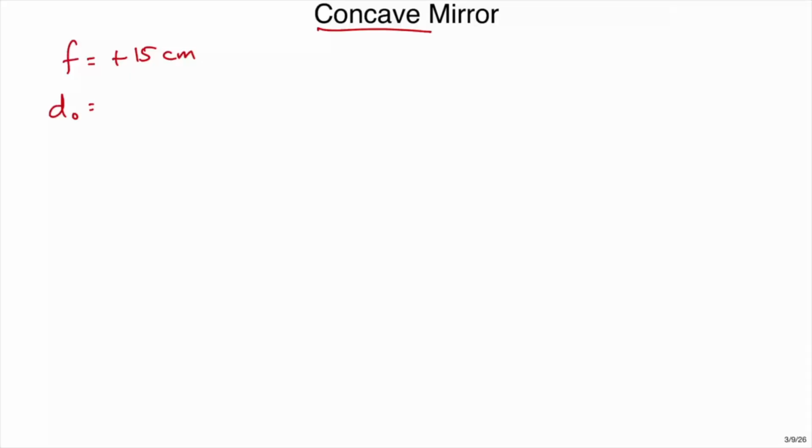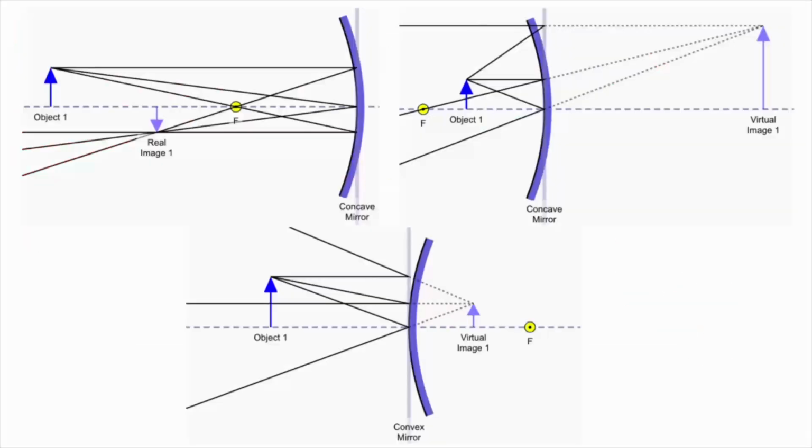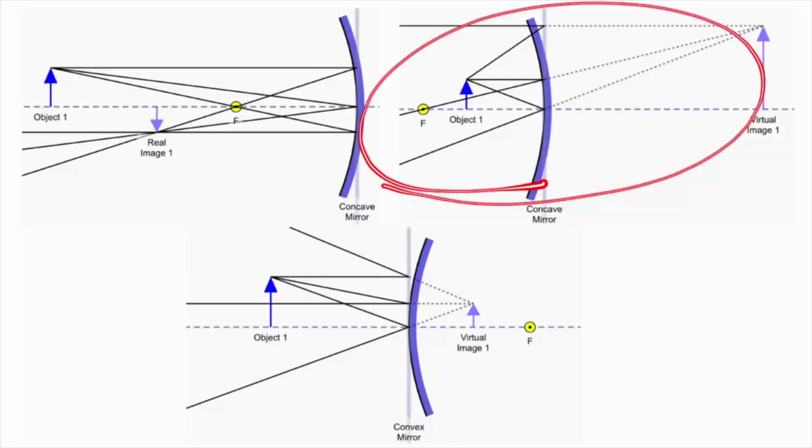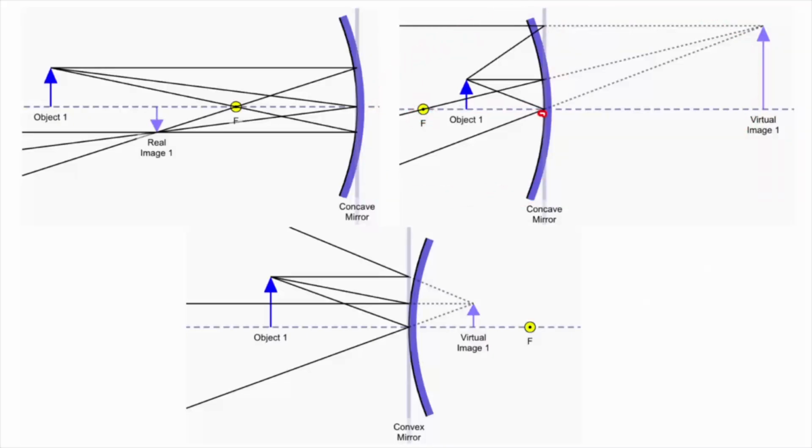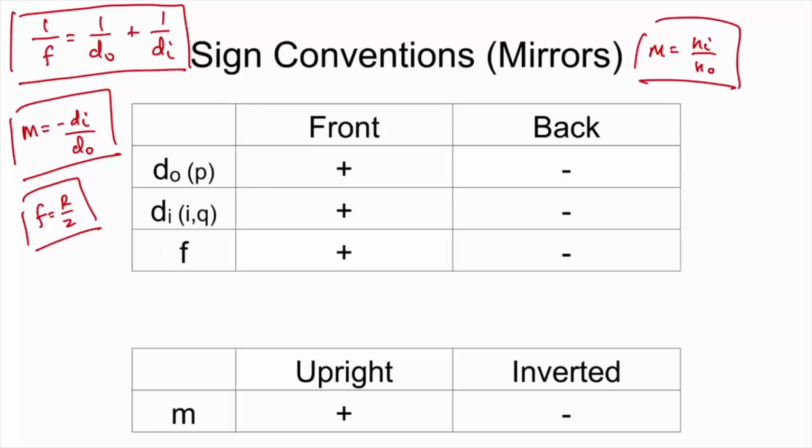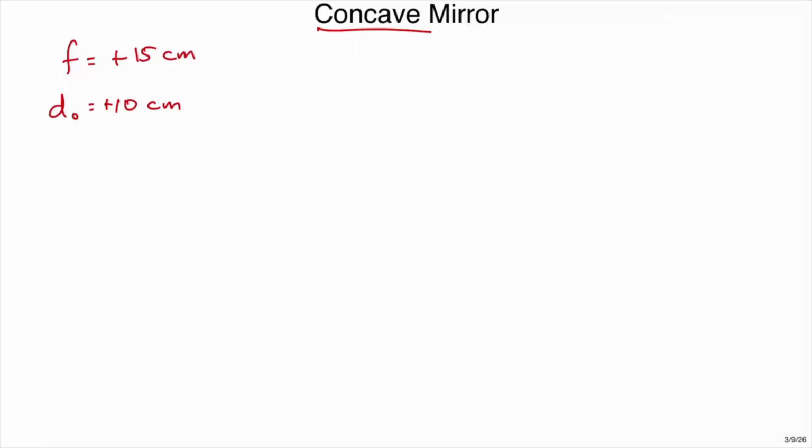Let's set the object distance. What did I put down? I put down 10 centimeters. Okay. We are now in this picture, aren't we? The focal length is bigger than the object distance coming from the vertex. A little tiny sketch of the situation always helps.